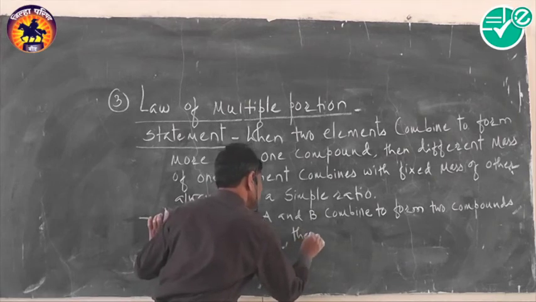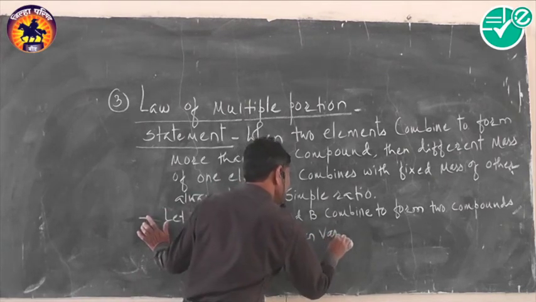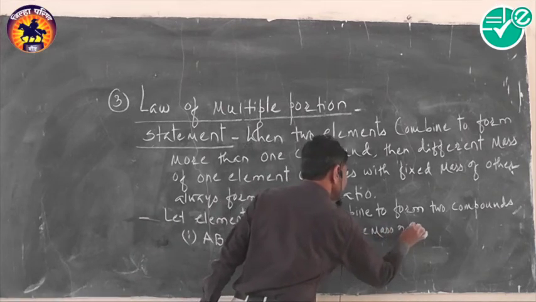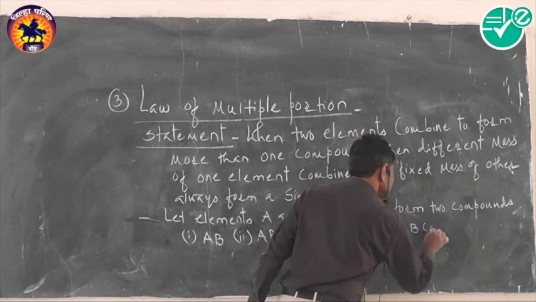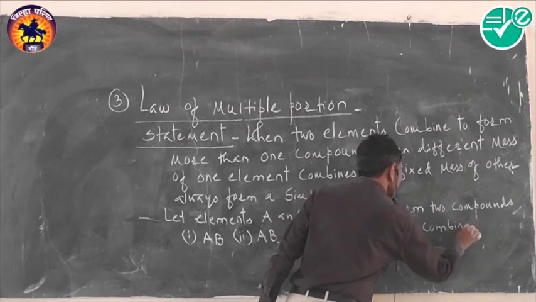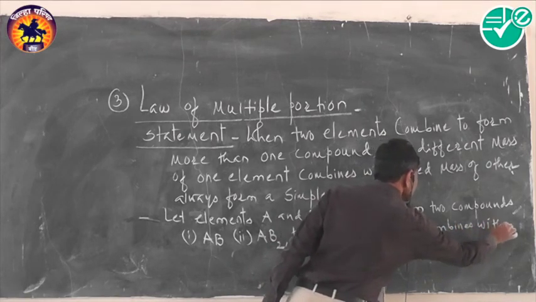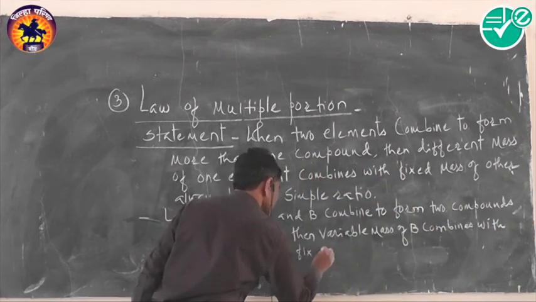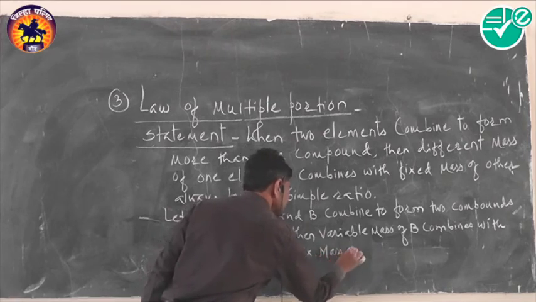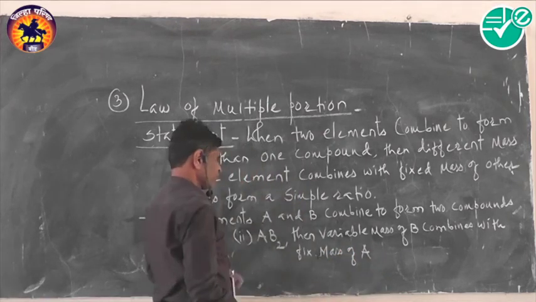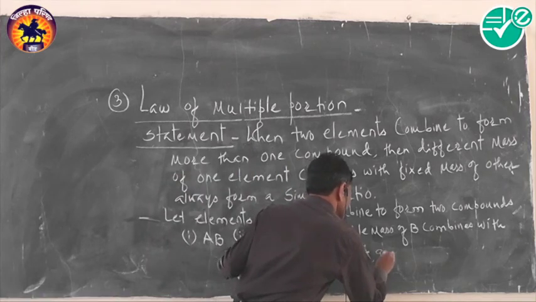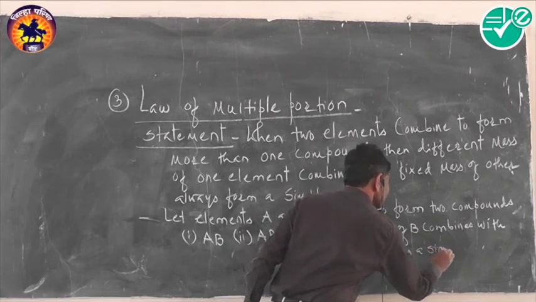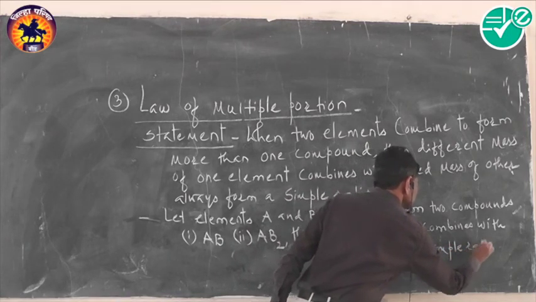Then the variable mass of B, which combines with fixed or constant mass of A, is always a simple ratio.